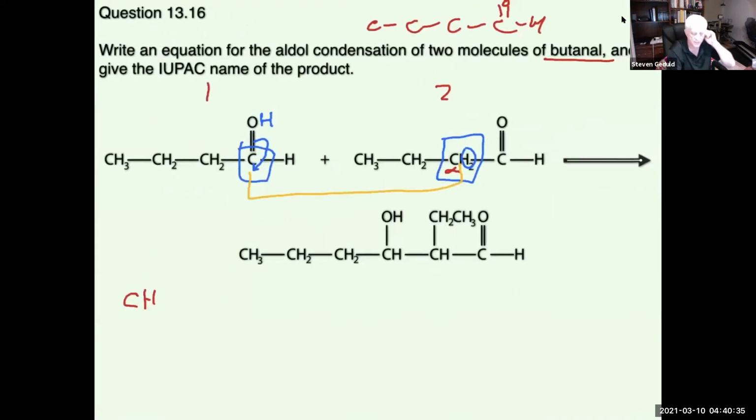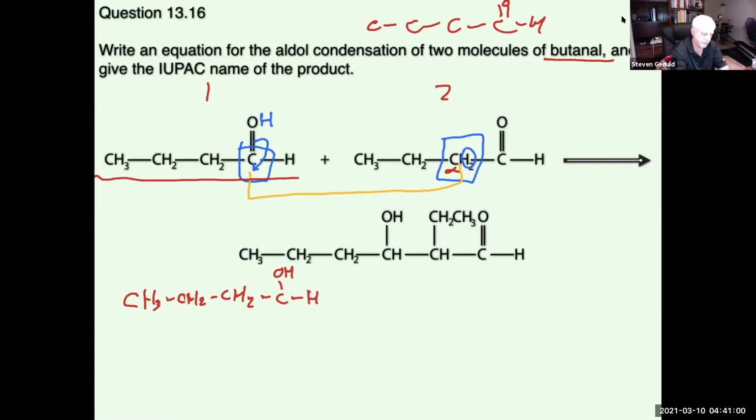Right there, okay. First structure is CH3, CH2, CH2, C, OH, H, right? That's our first line. That's this line right here. Everybody see that? I got rid of the double bond and I put a hydrogen on the oxygen.